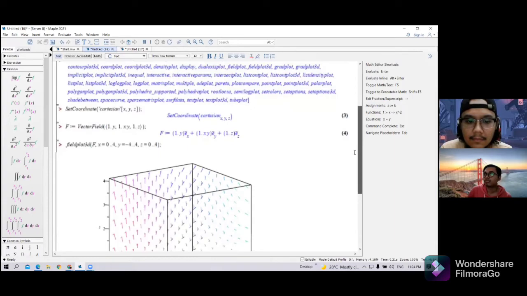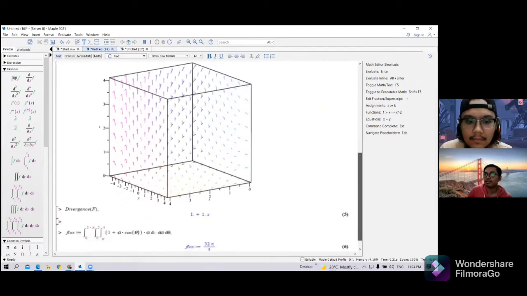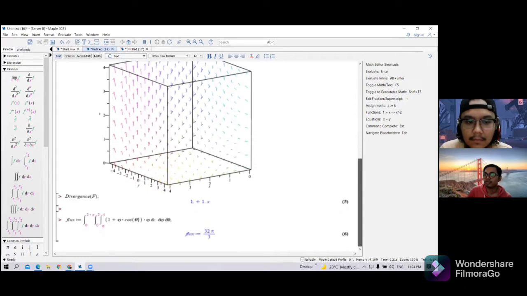So we got this, and then divergence of F. For the last one, the answer is the same as the manual calculation, 32.5 over 3. So next I will pass to Shami for question C.